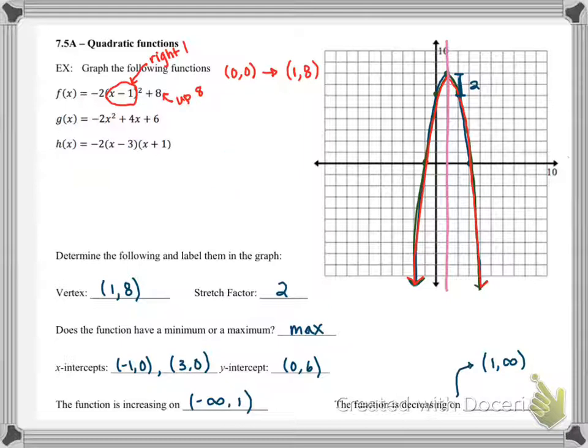So in the x direction, everything is always the opposite because we're thinking about how to get back to the y value on the original function rather than building up the new function. So we always think of that number in the parentheses as the opposite of the direction we're going.